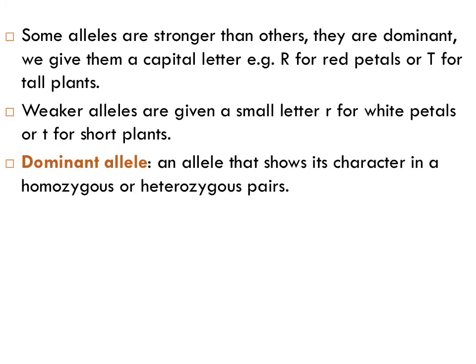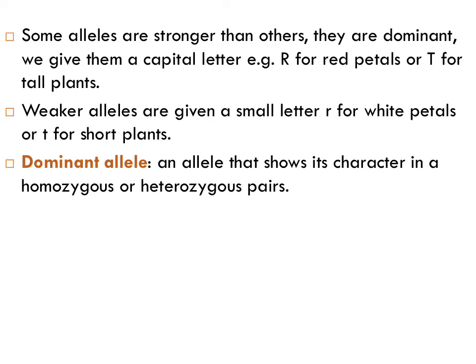A dominant allele is an allele that shows its character in homozygous or heterozygous pairs. So, for example, I know the words are too big. Let's take it slowly. Homozygous pair is when the two alleles are exactly the same. So if this plant has a capital R, definitely the petals are going to be red. But if it was a heterozygous plant, it had a capital R and a small r, what would that code for?